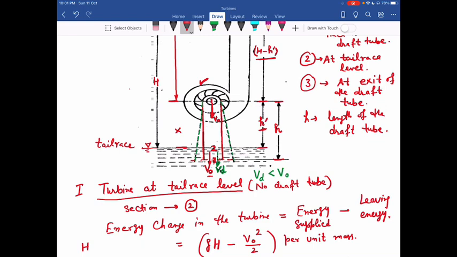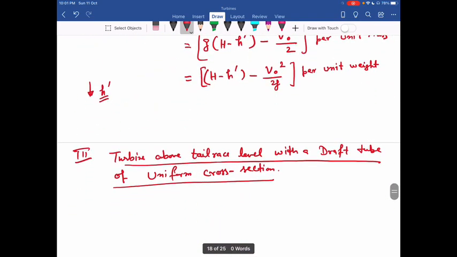So I repeat this. The pressure at the outlet of the turbine does not remain atmospheric. It becomes negative by an amount equal to the height of the draft tube. So now this thing I am going to prove.